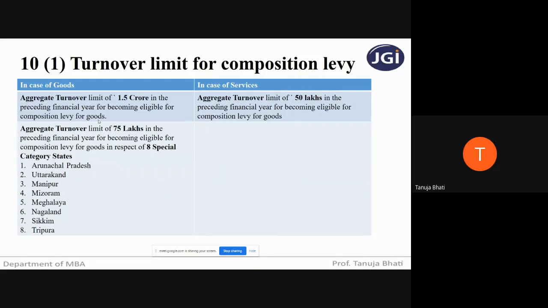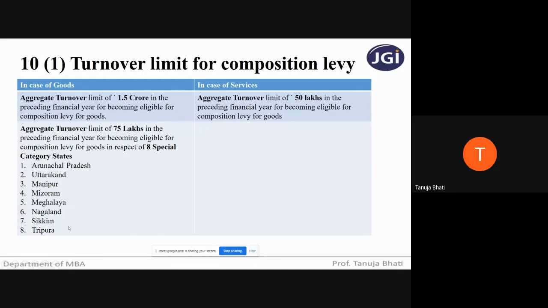There are two things, as you know: current financial year and preceding financial year. So preceding financial year is a year immediately before the current financial year. And in case of 8 special category states, so suppose if the supplier is from Arunachal Pradesh, Uttarakhand, Manipur, Mizoram, Meghalaya, Nagaland, Sikkim, Tripura, if he is supplying goods in these 8 states, then his turnover limit is reduced to 75 lakhs.